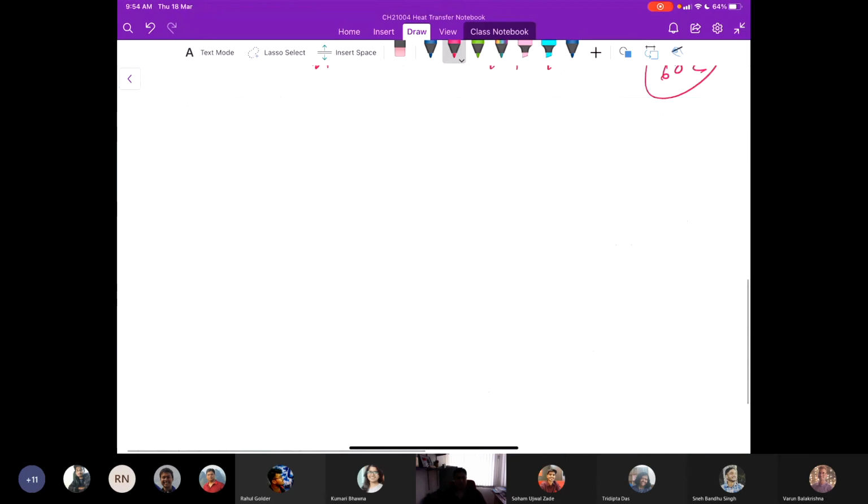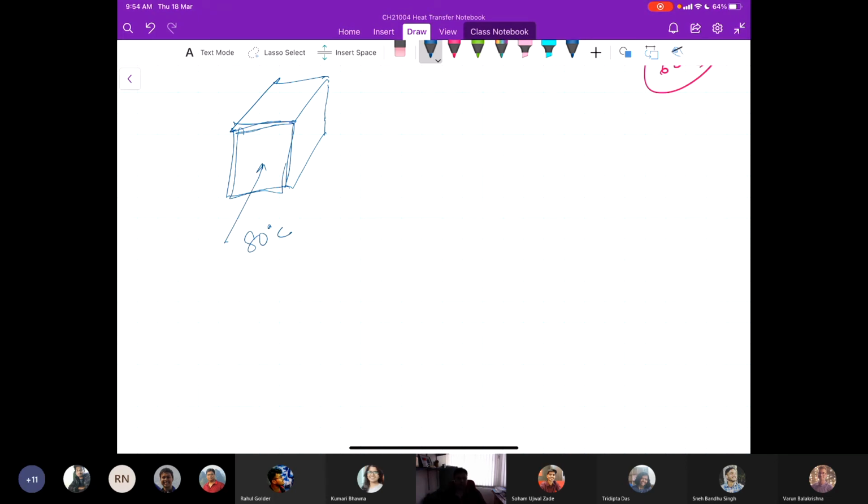Okay, let me tell the problem. Here we have a rectangular duct in which air is flowing at 80 degrees centigrade, at atmospheric pressure.